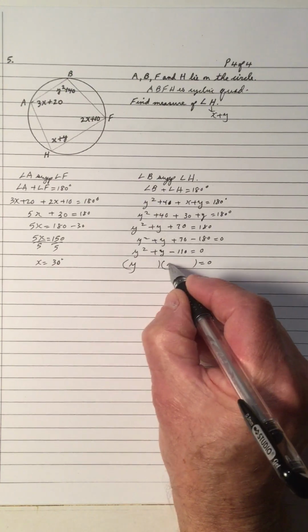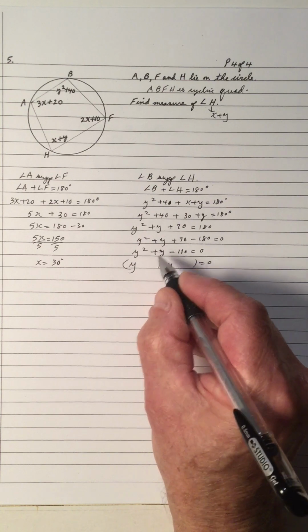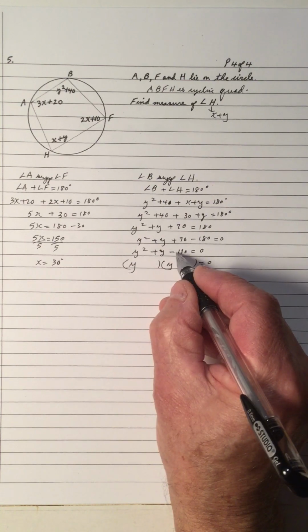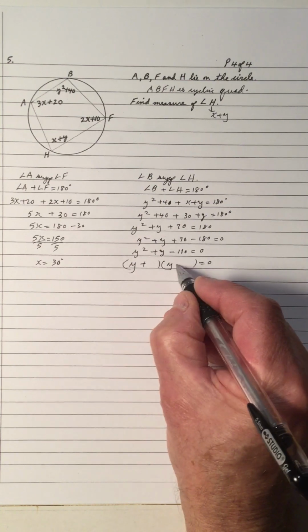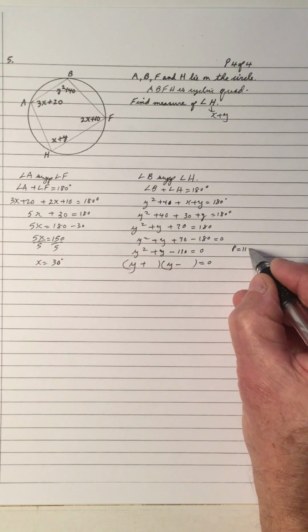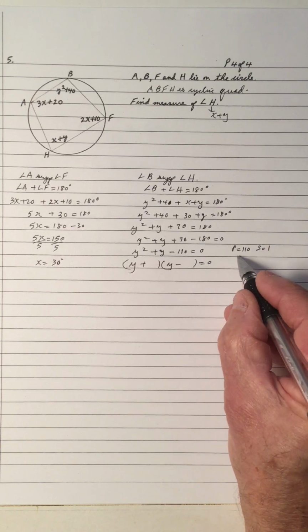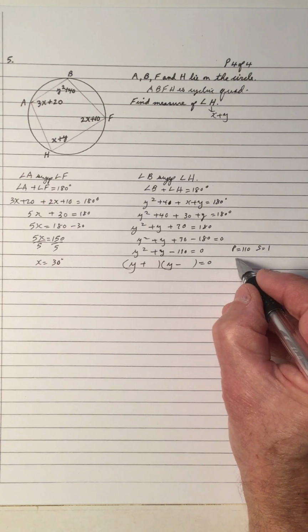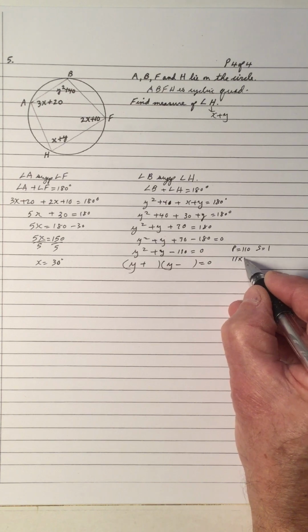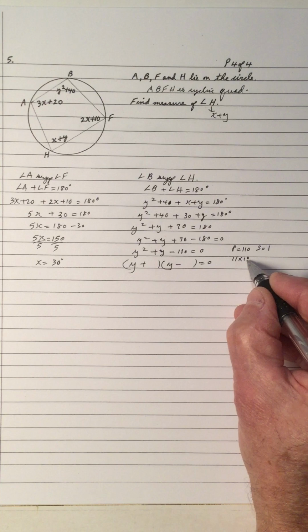Y squared is y times y. The product is negative and the sum is positive, so we have to have a plus and a minus. What are the factors of 110 that give you 1? Well, 11 times 10 is 110, and it gives me a 1.